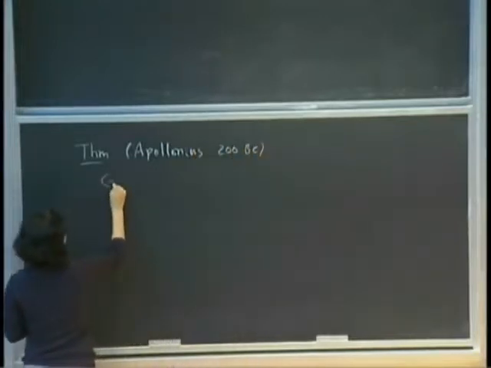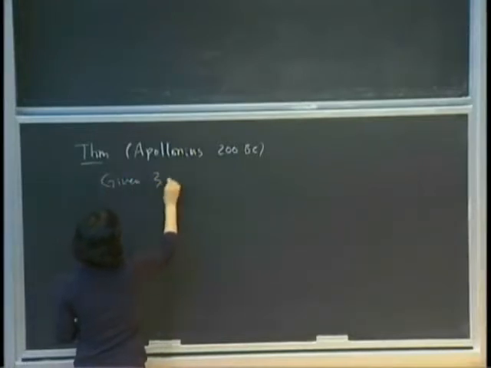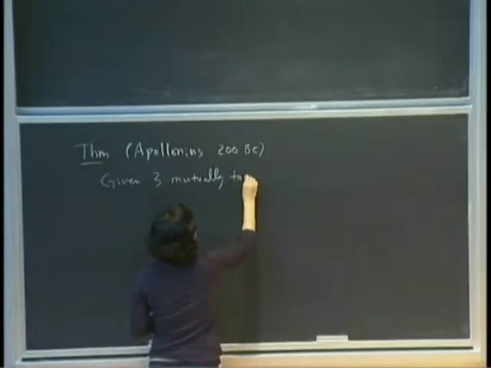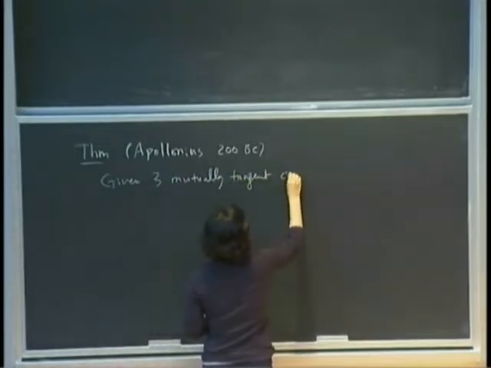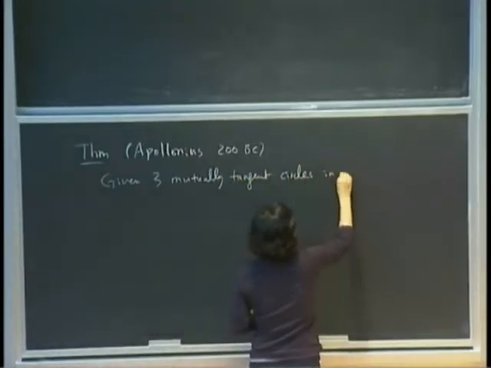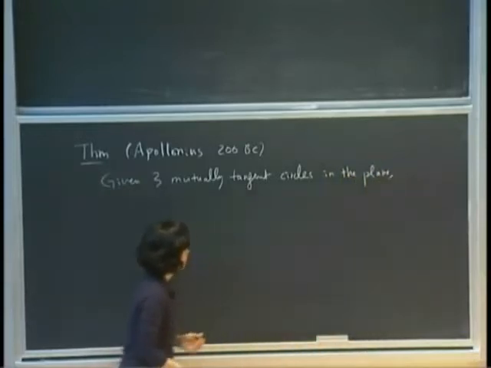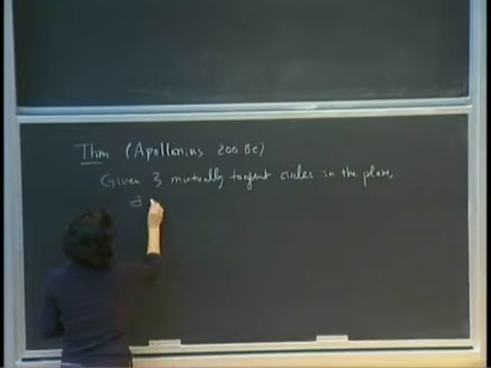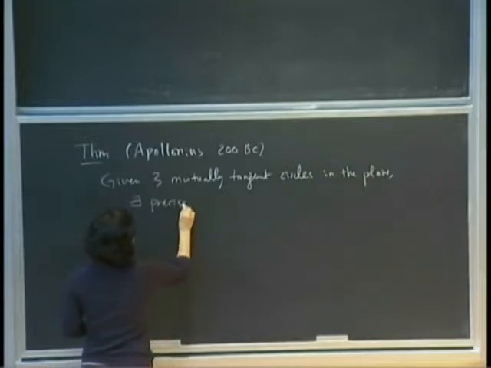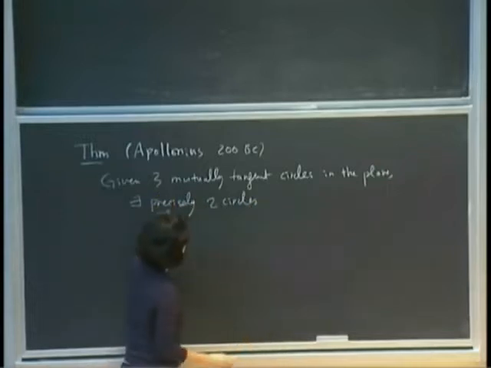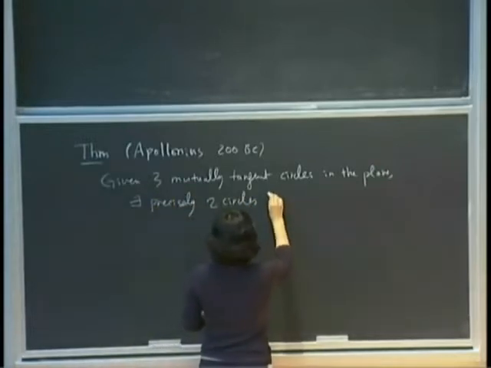So the theorem says: given 3 mutually tangent circles in the plane, there are precisely 2 circles which are tangent to all 3 circles.